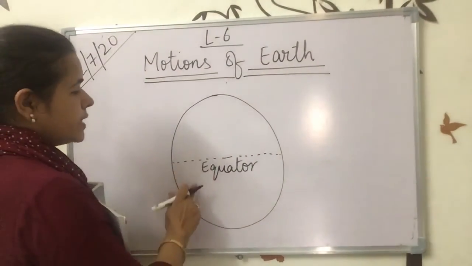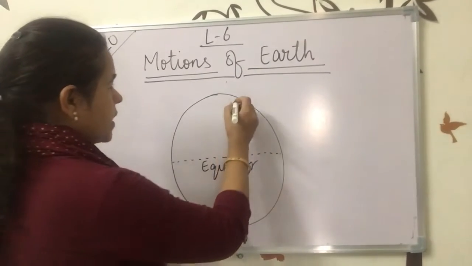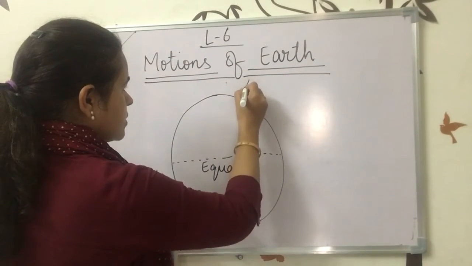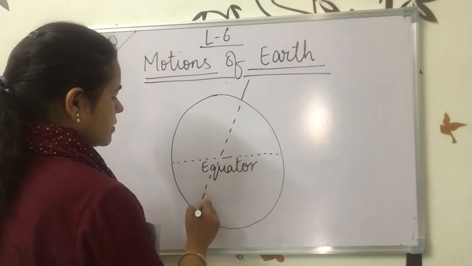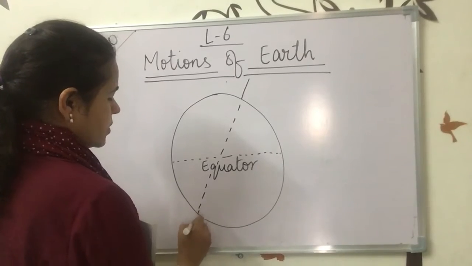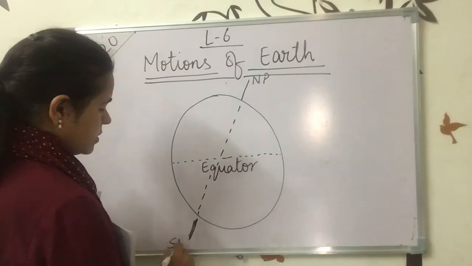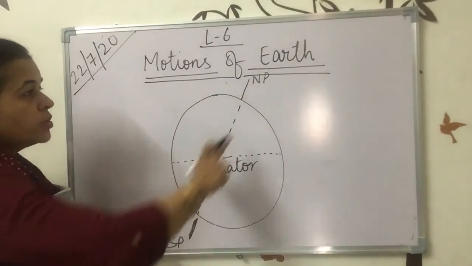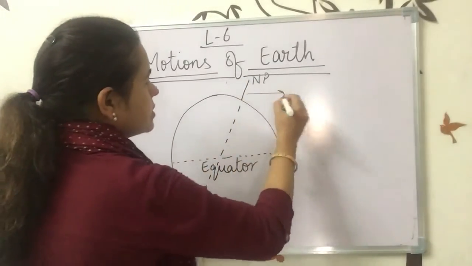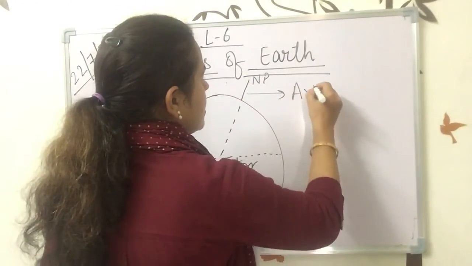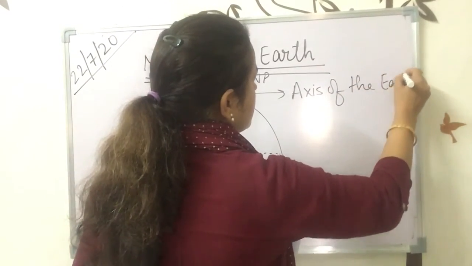It divides the earth into two equal halves. That line is the equator. Now the axis is there. This is the North Pole and this is the South Pole. And this is the axis of the earth.